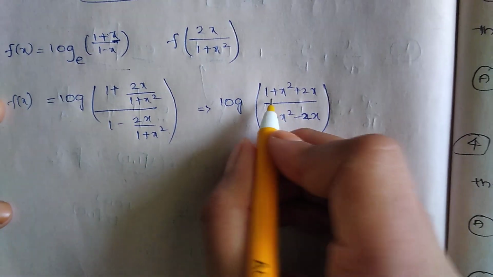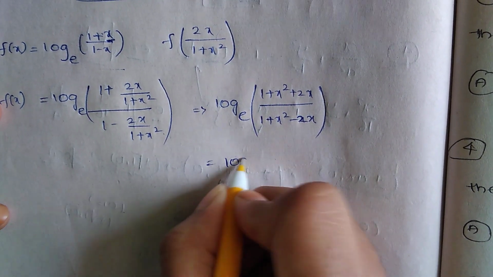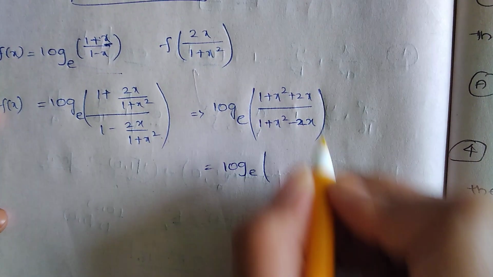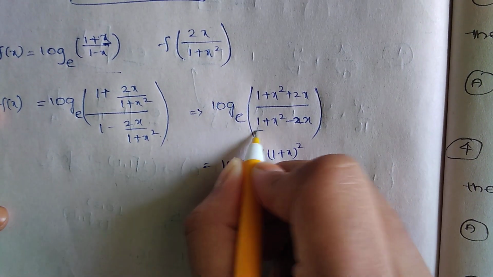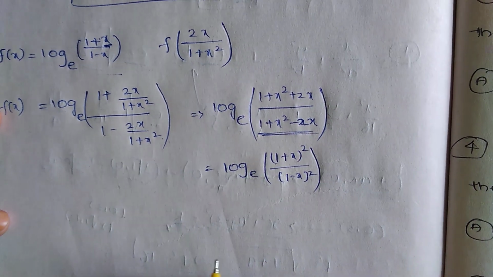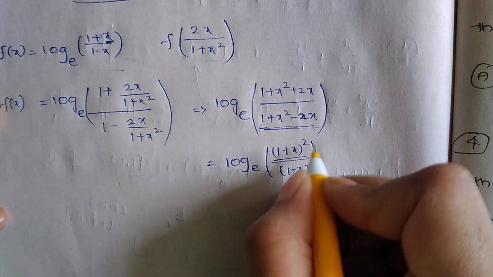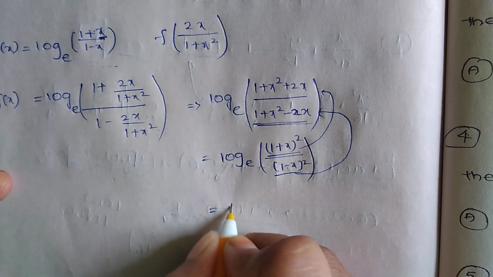Got it. What can we write this as? Log base e of (1 plus x) whole square by (1 minus x) whole square. Agree? Yes. Expand this, you get this. Expand this, you get this. What do you get?